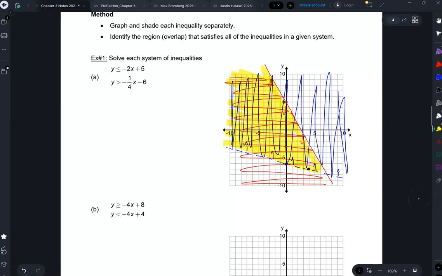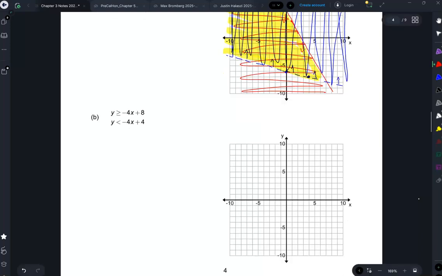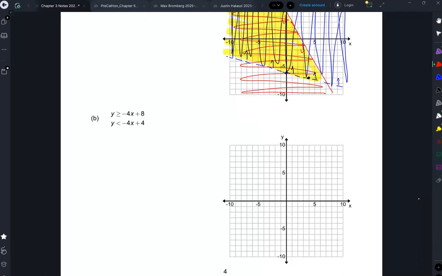Okay, let's do the next ones. Here I have y is greater than or equal to negative 4x plus 8. So I'm going to go up to 8, down 4 over 1. And I'm going to shade above.